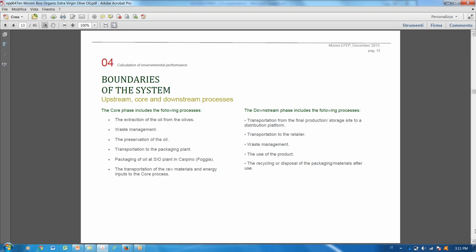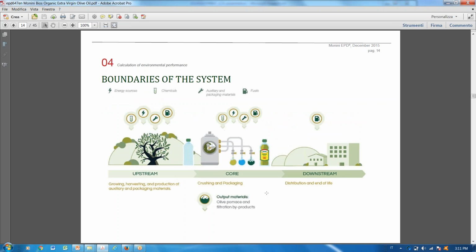And then these are the boundaries of the system, the things that we were talking about 5 minutes ago, from where I start and when I finish to study.